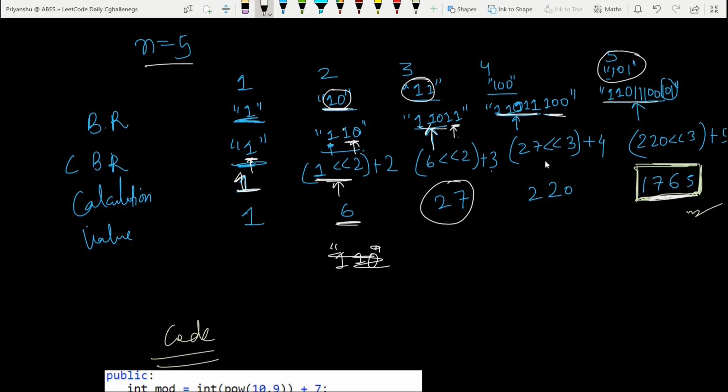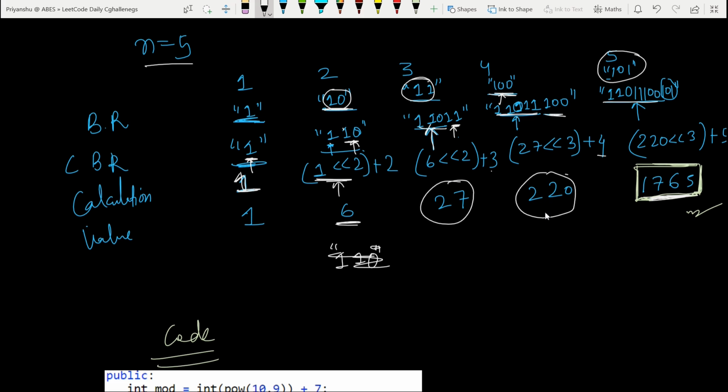and we will get 27. Now this 27 will be shifted by the number of binary bits in the number 4. So we have 3 bits in 4. So 27 will be shifted 3 positions to its right, and we'll add 4 to it. We'll get 220.